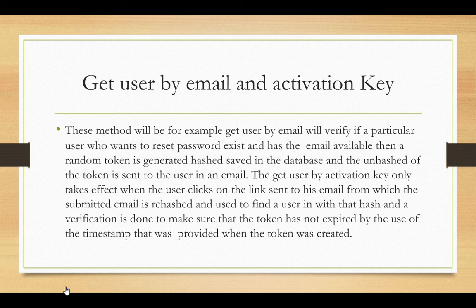The system verifies that the user with that particular email exists, then it generates an activation key, saves it, then forwards the unhashed version of it to the user through email.